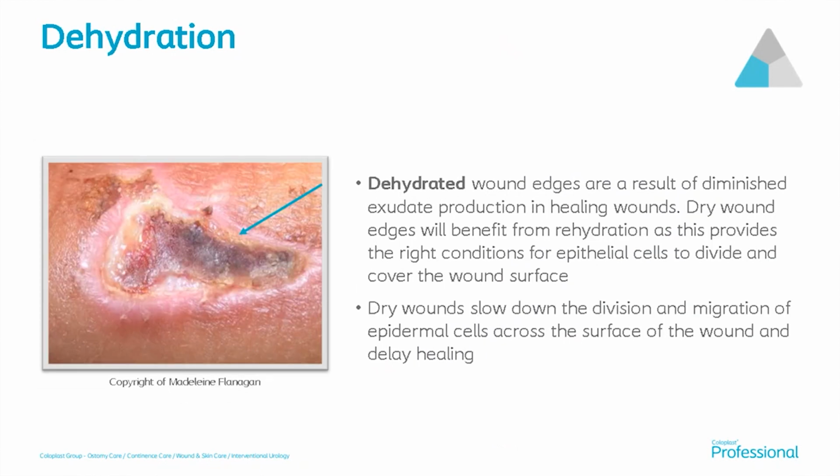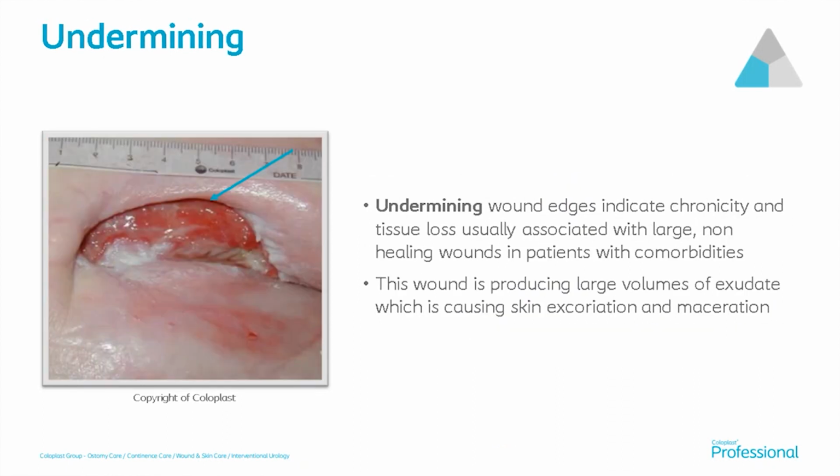If the wound edge is dehydrated and you've got that diminished exudate production within the wound, it's going to have a knock-on effect and delay that wound healing process. The undermining of wound edges can indicate that actually that wound has been there for quite some time and it's probably a chronic wound.